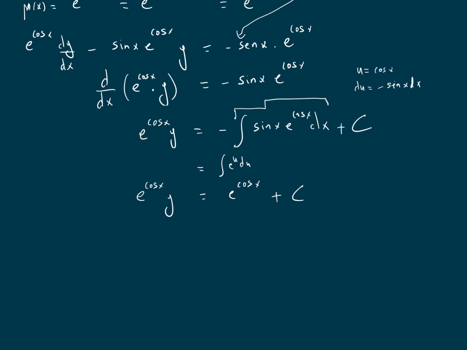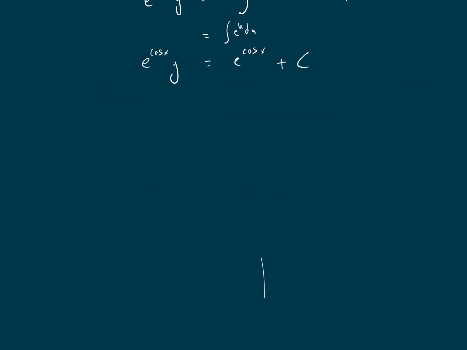And now I have y of x. What is y of x? Now, to solve for y of x, we will have y of x equal 1 divided by e^cos(x) multiplied by e^cos(x) plus c.